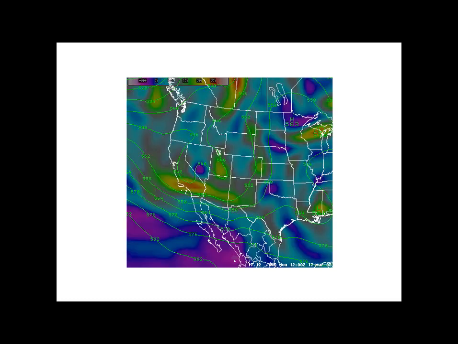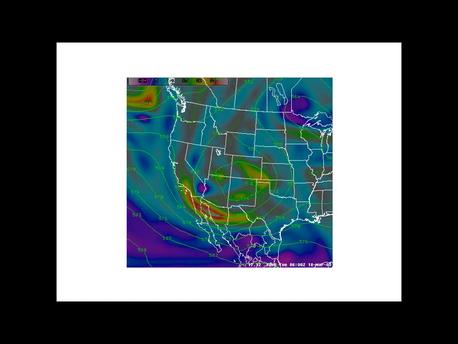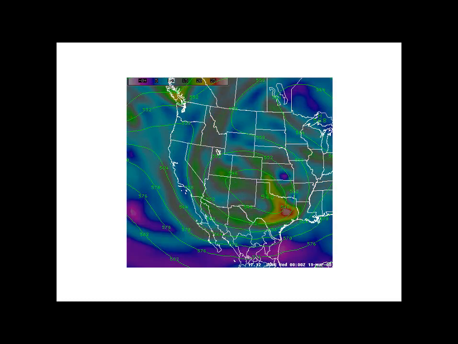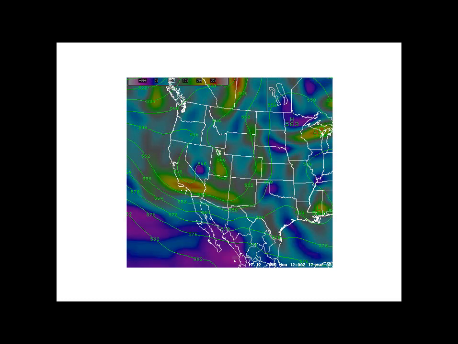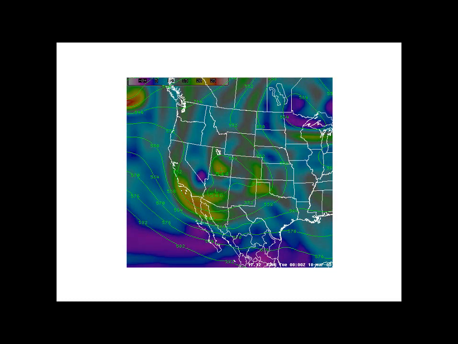Here's the Eta 500 millibar height and vorticity field from 12Z on the 17th, showing the 12 through 36 hour forecast. I'll loop it through here a couple times to show you what is expected to happen over the first 36 hours. We notice that by the first 12 hours, we have a vort lobe sitting over the northern Texas panhandle around the Dalhart area.